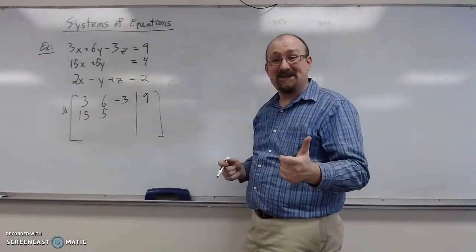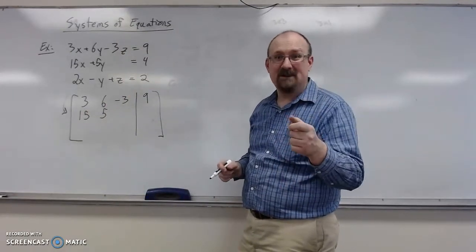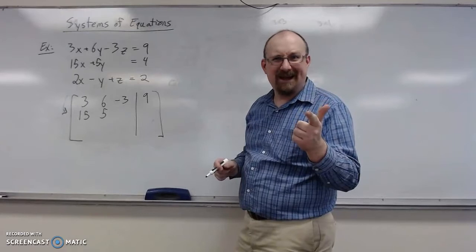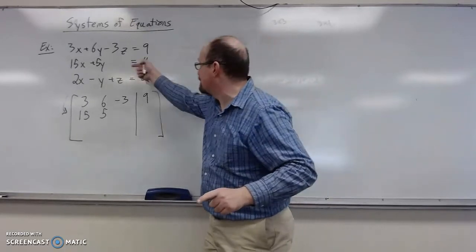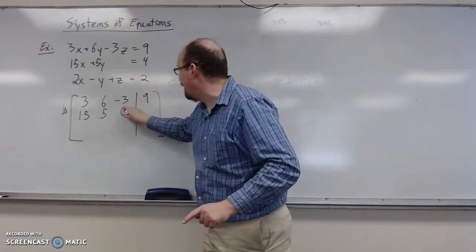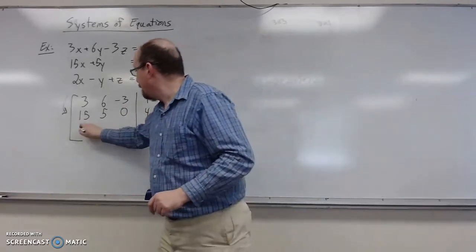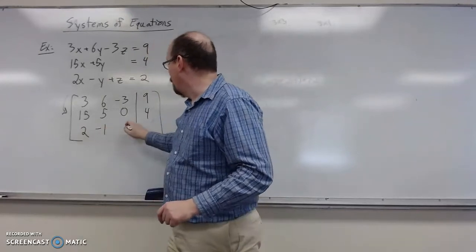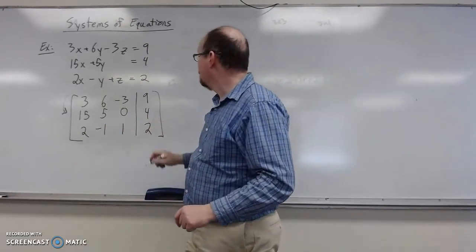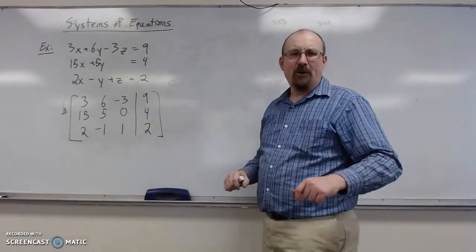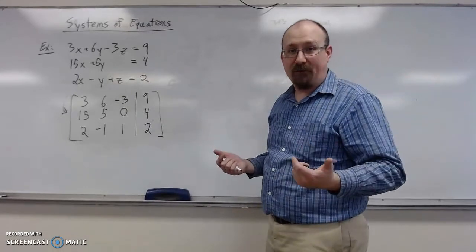Note there is not a z term in the second equation. If that happens, you've probably already guessed this, but just in case, we fill it in with a 0. Don't just write a 4 into that spot. That should be a 0. There is no z term. Okay, 2, -1, 1, 2. All right, so there is our augmented matrix for this system.